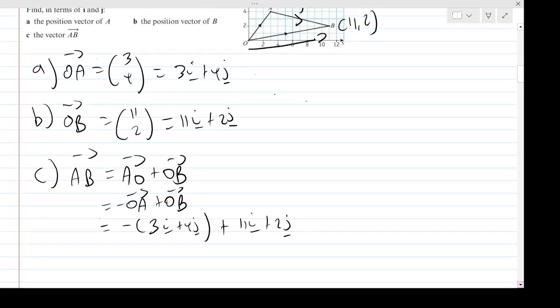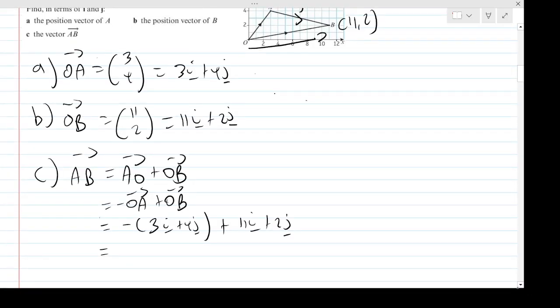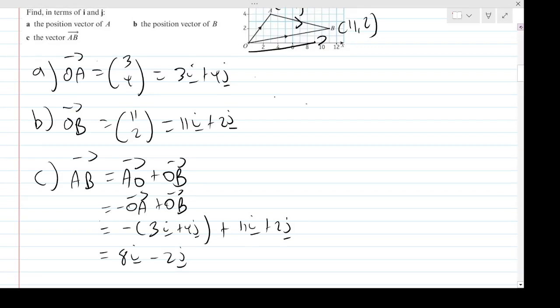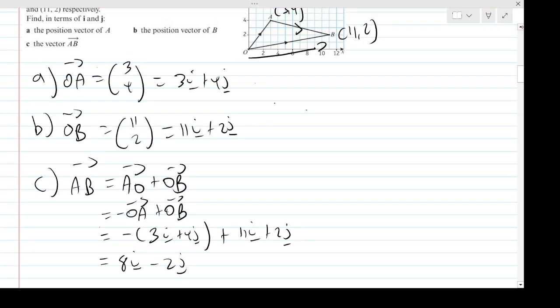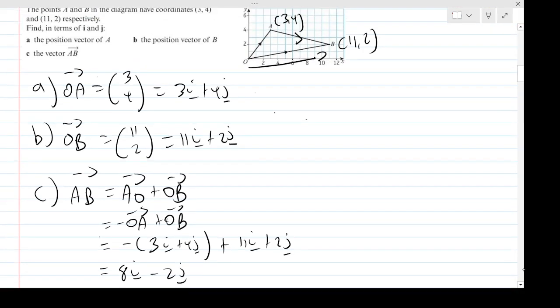Minus 3i add 11i is 8i, and then minus 4j add 2j is minus 2j. And there we are. That's my vector AB.